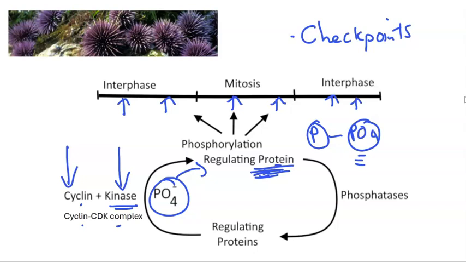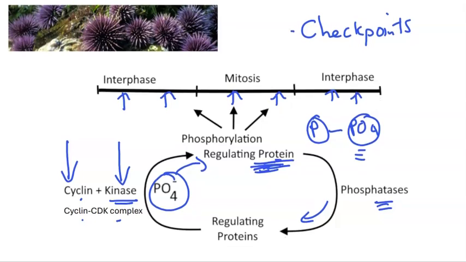And so then they would bring about the different stages of the cell cycle and indeed mitosis. It's worth mentioning that phosphatases actually dephosphorylate and return the regulating proteins to their inactive state.